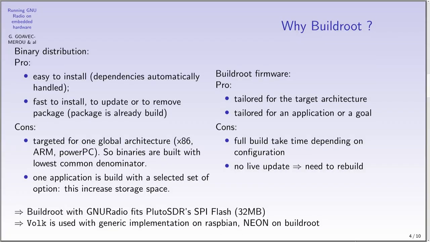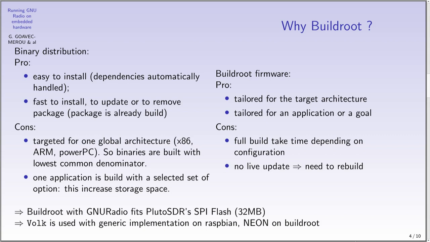But why use BuiltFruit? It's true, modern distributions like Debian or Ubuntu may be used with different architectures, Intel architecture or ARM, PowerPC or RISC-V. The good aspect of binary distribution is that it's easy to use.